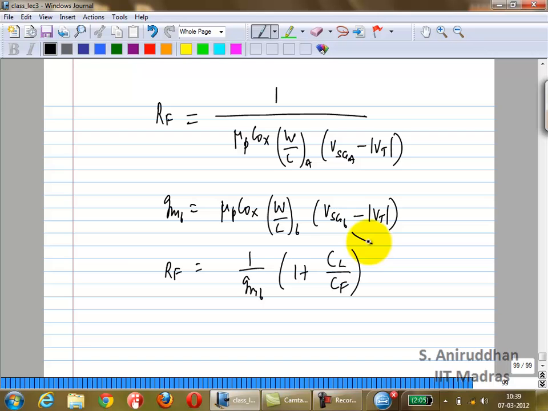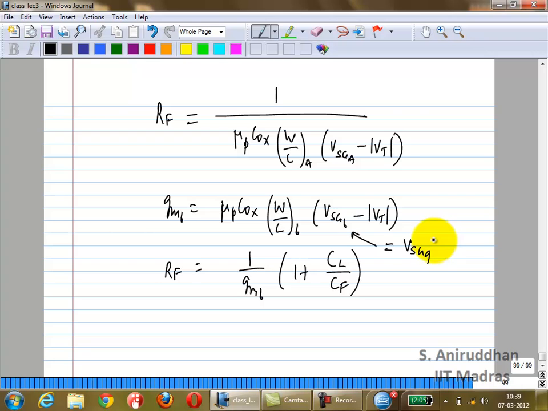And I've already established that this should be equal to... Okay, you are going to design this such that VSG6 is going to be equal to VSG9.